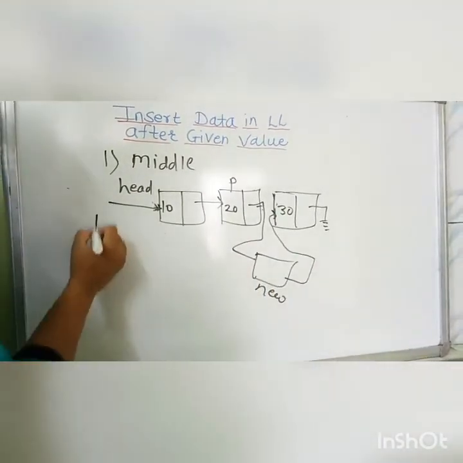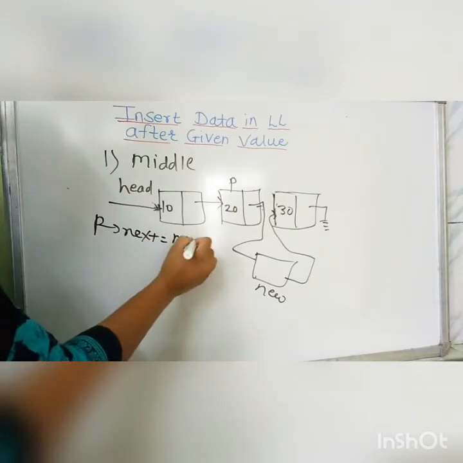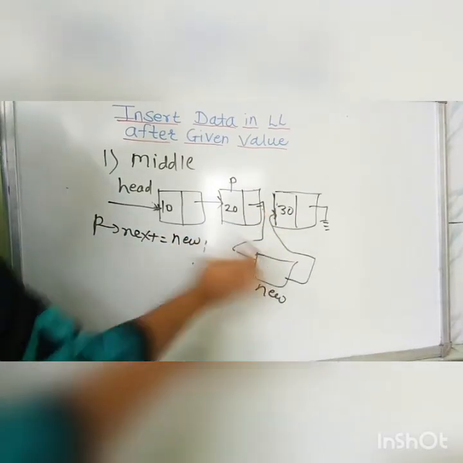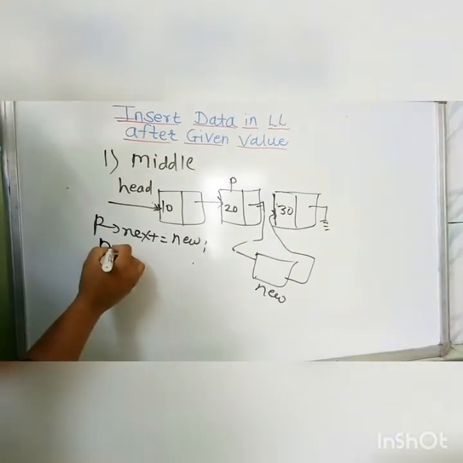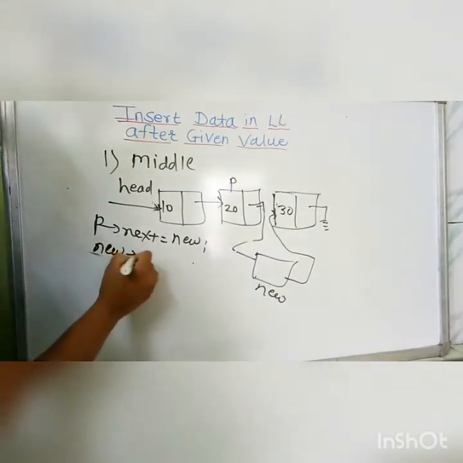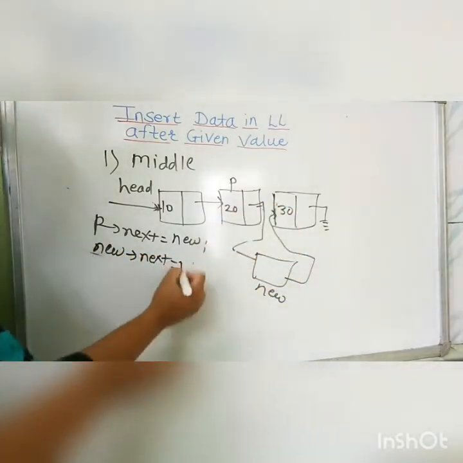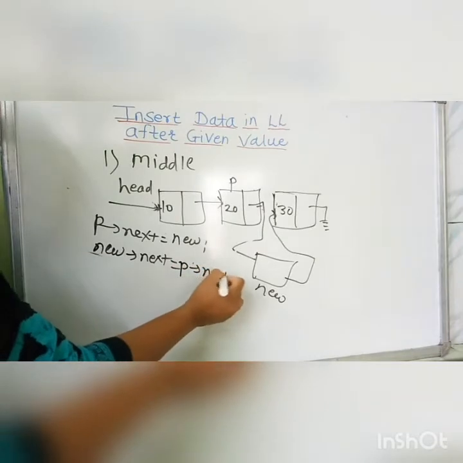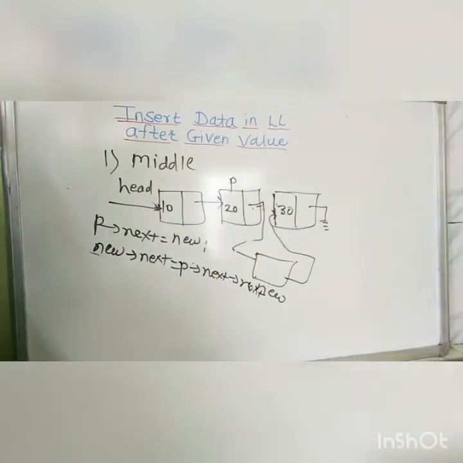What is the procedure? We attach P pointer next to new node, so this connection is done, and for the other connection we complete new pointer next equals P pointer next, meaning this is the next node. The previous connection was broken and the new connection was established.